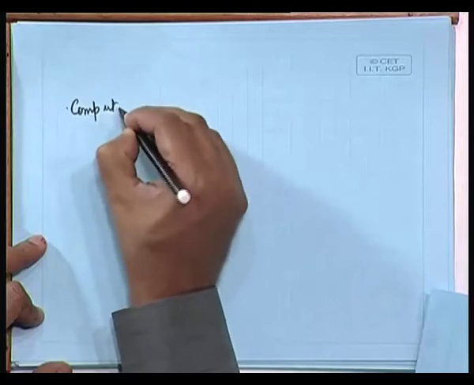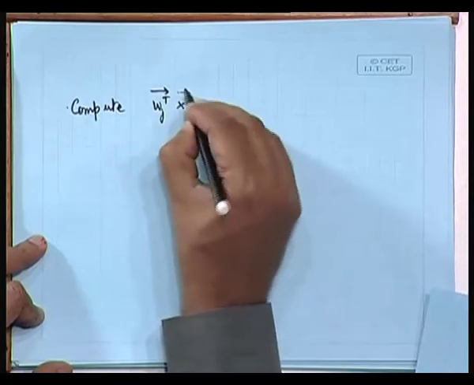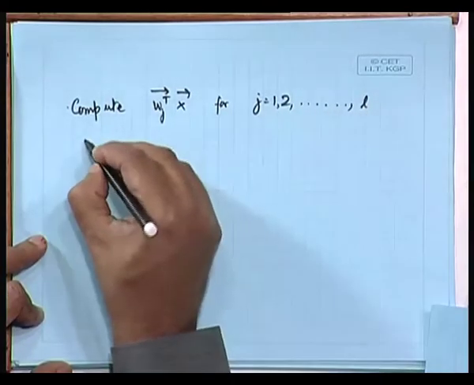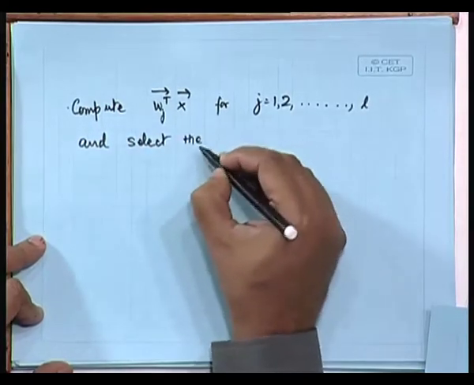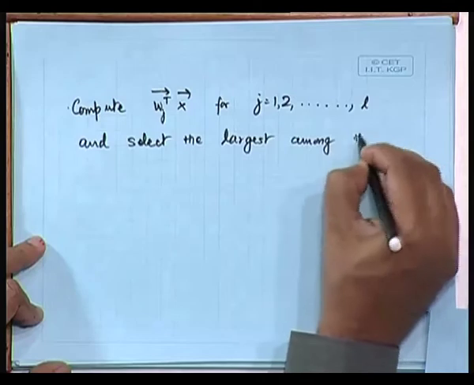So, to determine the best match between x and Wj, we have to compute Wj transpose x for j equal to 1 to L, and then select the largest amongst these.